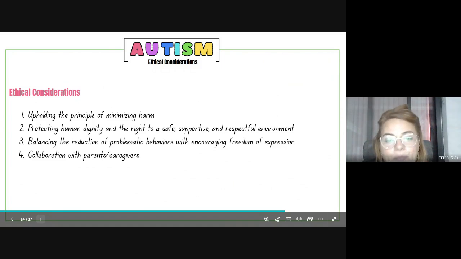Two, protecting human dignity and the right to a safe, supportive, and respectful environment.